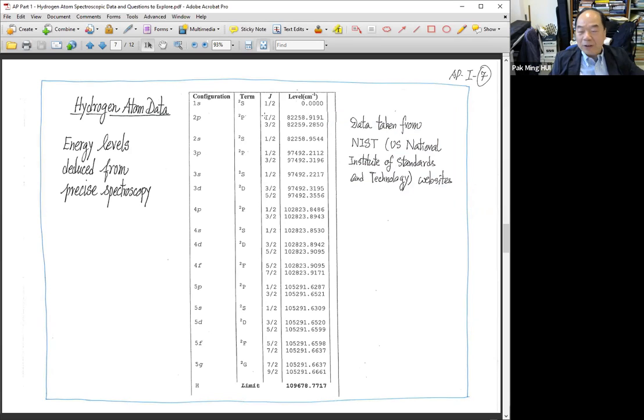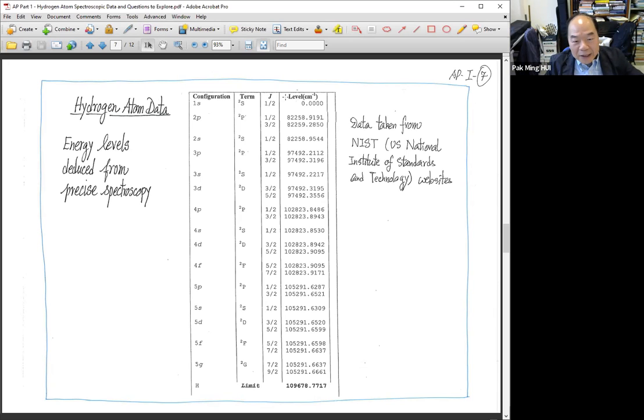Okay, so what the database does is the following. The ground state is arbitrarily set as 0. Then they start telling you 1s to 2s, what is the energy difference? 1s to 2p, what is the energy difference? Okay, follow me?